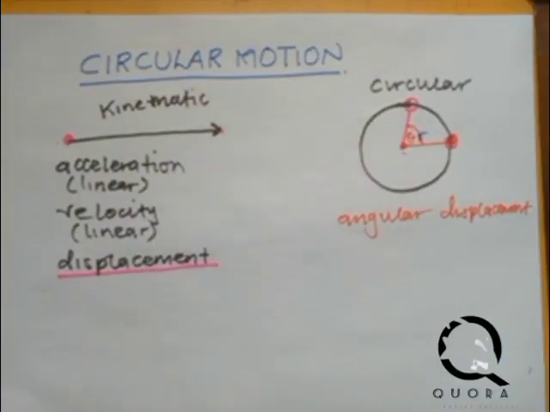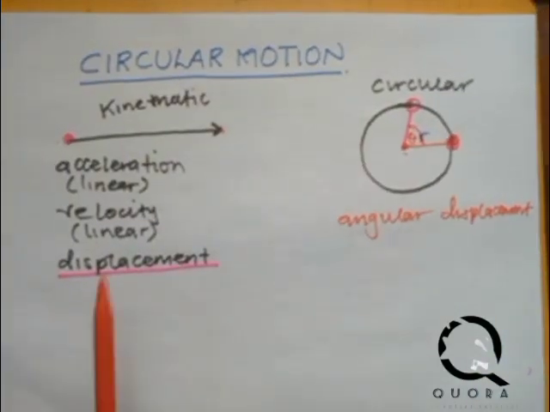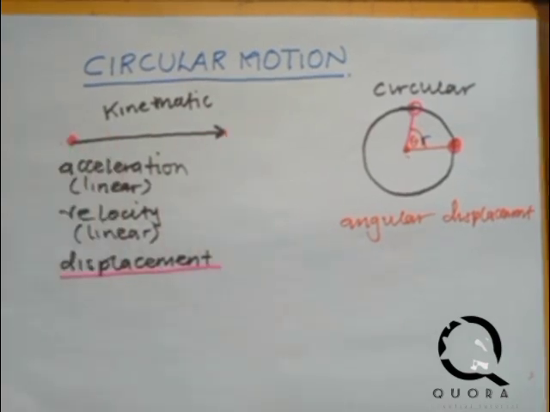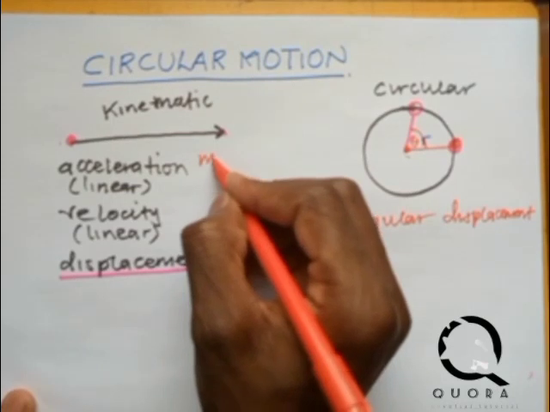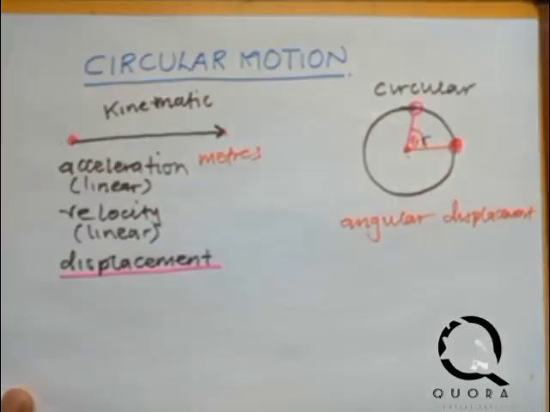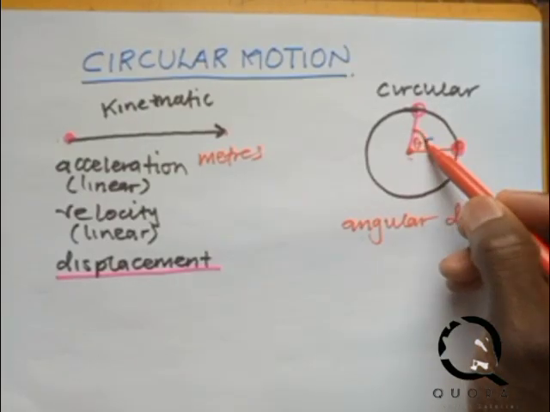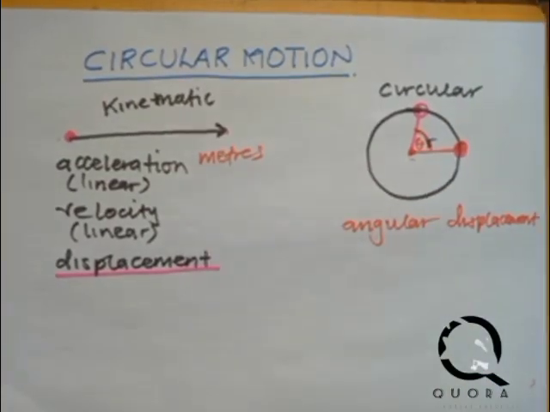Here we are going to find that the distance it covers to move from here up to somewhere there is measured in meters. But here, we're talking about the angle which is here, and this angle is the one which is called my distance.